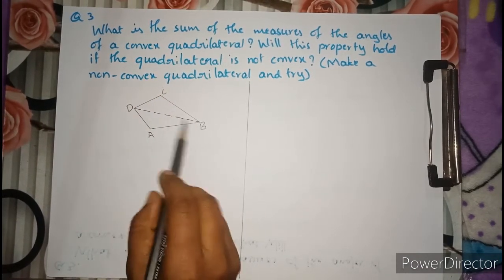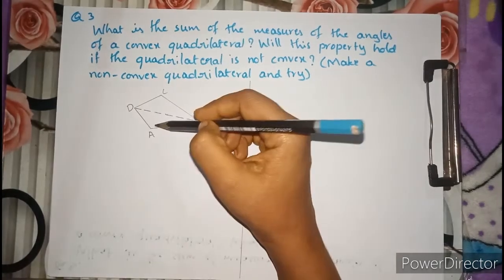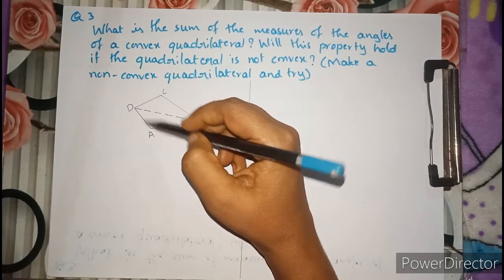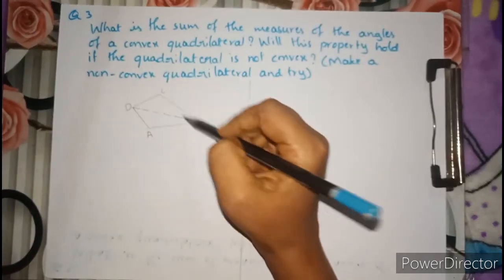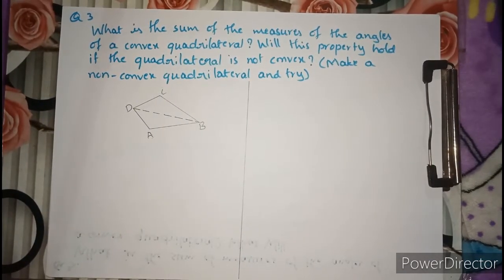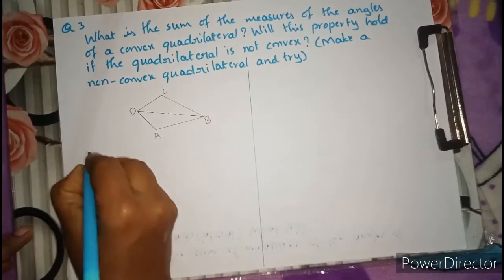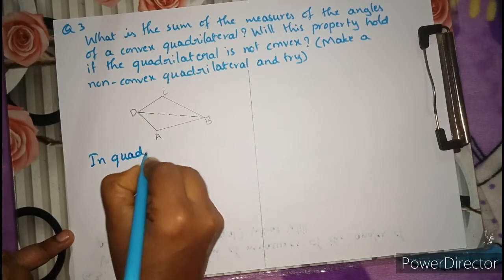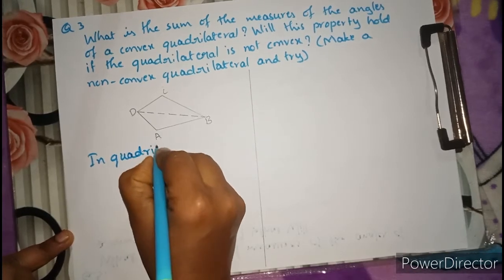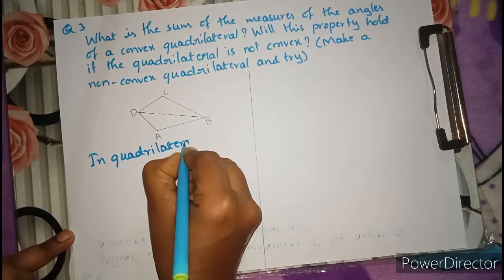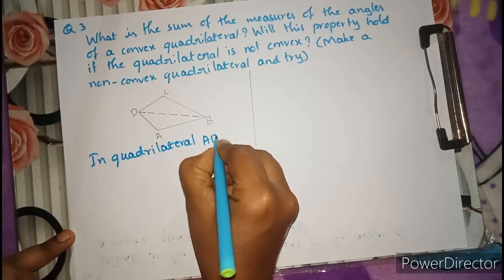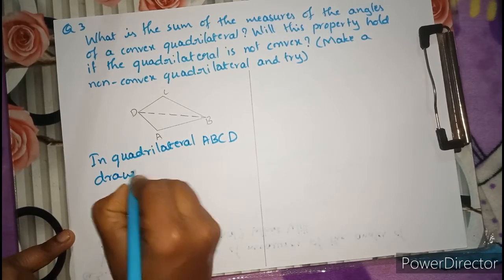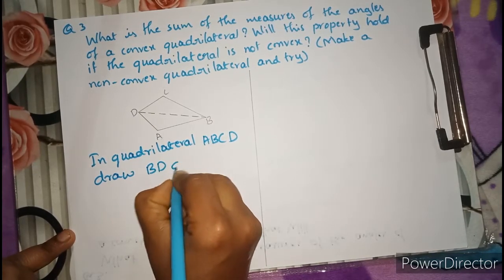Draw a diagonal BD, so that we will have two triangles here, DAB and DCB. In the convex quadrilateral ABCD, draw the diagonal BD.